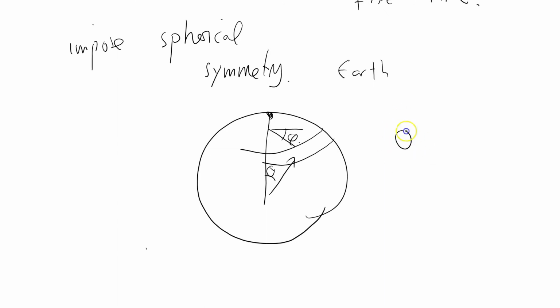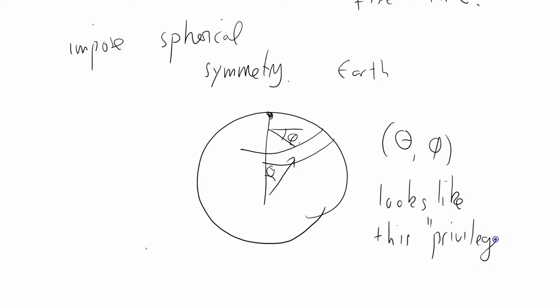The theta phi system looks like it "privileges" the North Pole, because the coordinate system goes a bit berserk at the North Pole and the South Pole as well. It's a kind of singular point and differentiation doesn't work there.